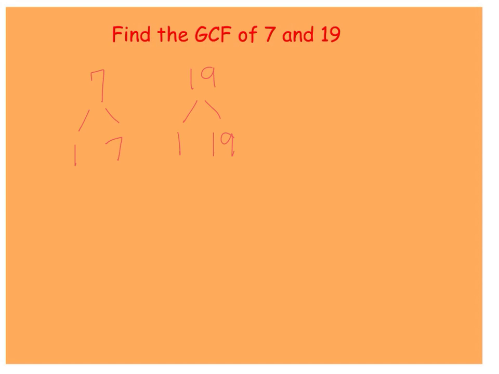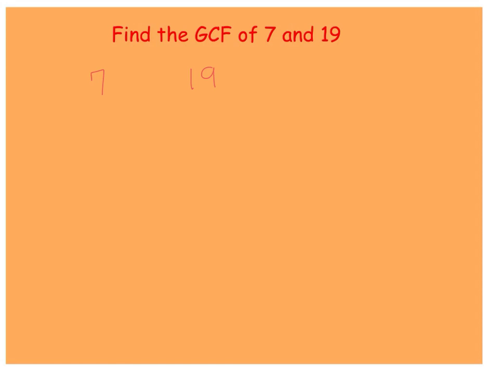And so 7 is 1 times 7, and that's not a prime factorization because 1 isn't prime. And 19 has 1 and 19, and I can't list that as the prime factorization because 1 isn't prime.